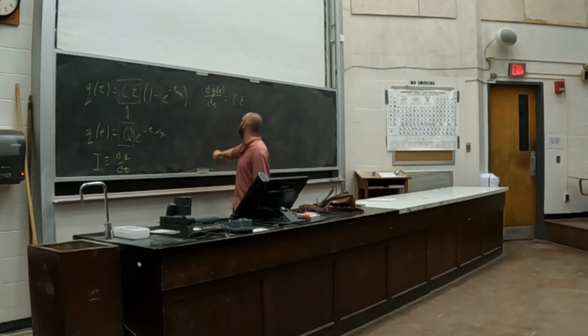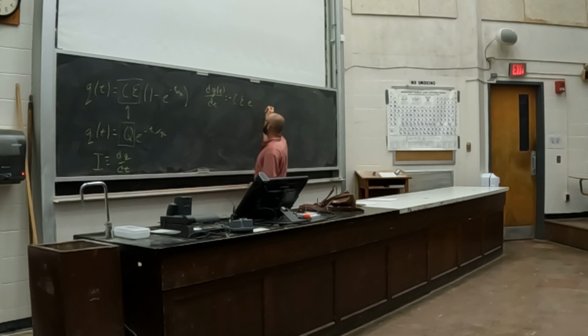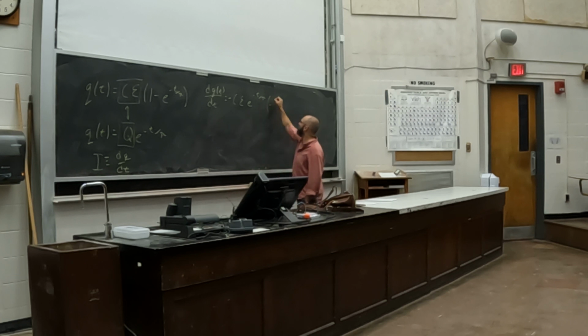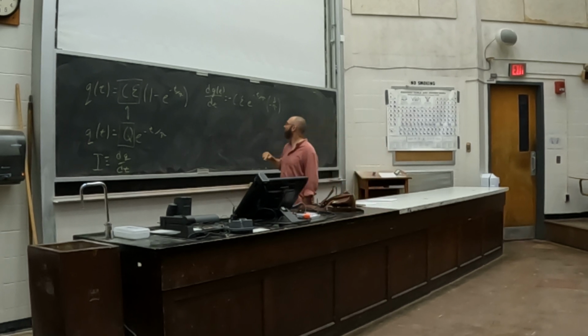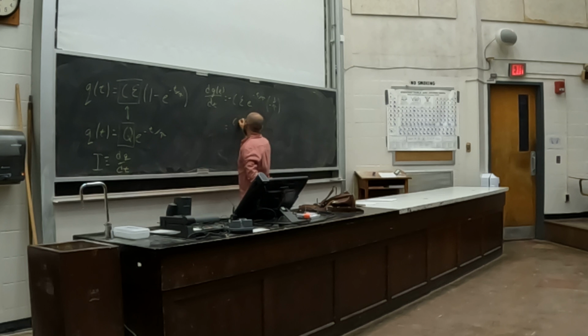I've got a negative here, put that here: e to the stuff times the derivative of the stuff, which is minus 1 over tau with respect to time. The negatives are going to go away. I've got a tau coming in the denominator, which is equal to CE over tau, e to the minus t over tau.